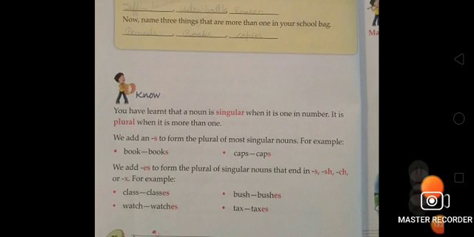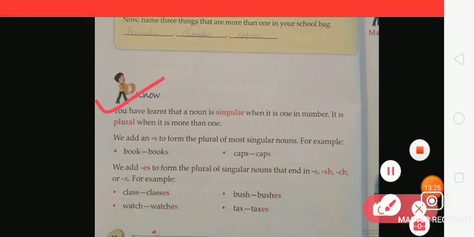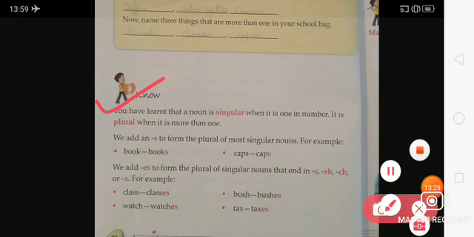Now the next, students, you have learned that a noun is singular when it is 1 in number. It is plural when it is more than 1. Singular refers to 1 person, place, animal or thing, and plural refers to more than 1 person, animal, place or thing.